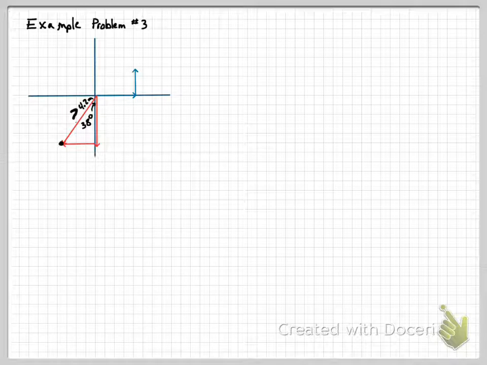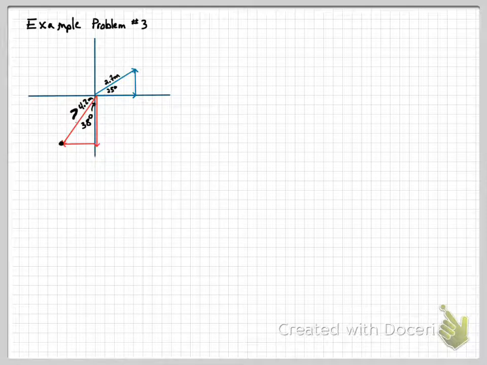In this case, we are going 25 degrees. So this angle here is 25 degrees. And then we know the vector here is going to be 2.7 meters.